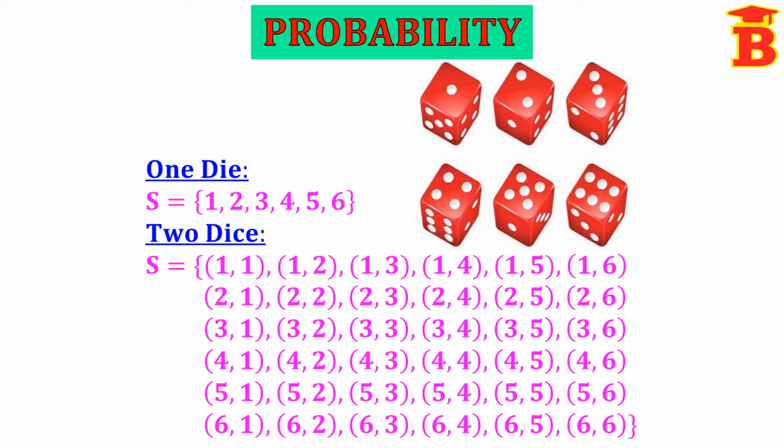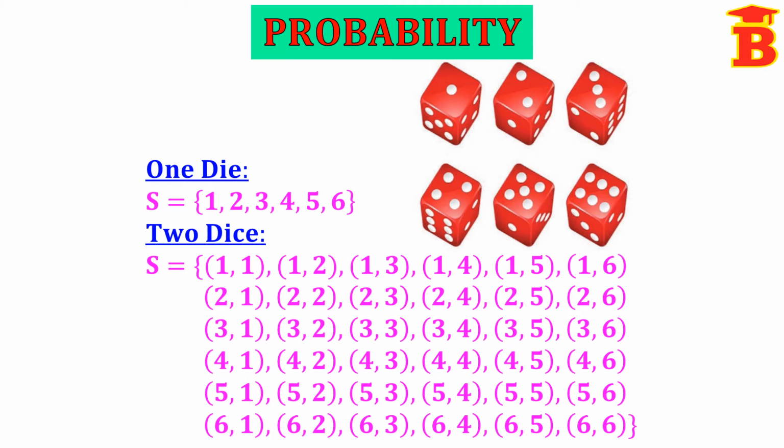In the second row, the first bracket (2,1) means the first die shows 2 and the second die shows 1, etc. The last pair should be (6,6). So that means the first die shows 6 and the second die also shows 6. So that is the maximum possibility because a die has the maximum number 6.